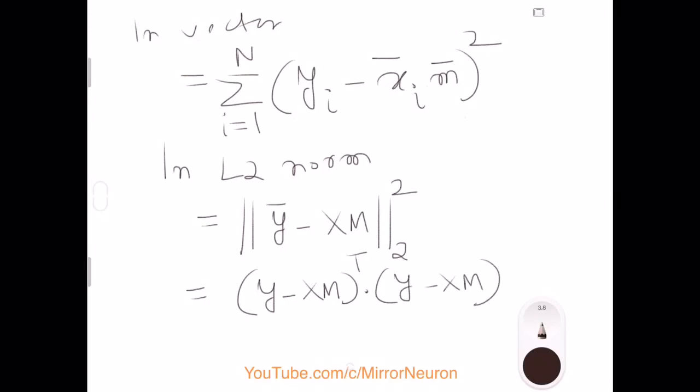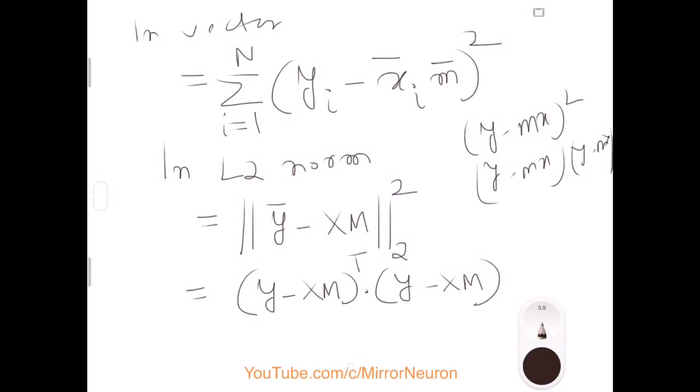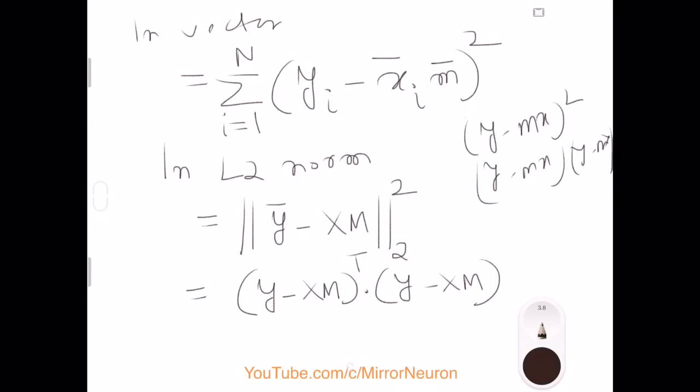This is basically because we are dealing with a matrix and a vector in an equation. For a single variable, for example, say y minus mx whole square, this could have been written as y minus mx times y minus mx. So we didn't have to worry about the factors which you need for multiplying a matrix and a vector. You remember, the dimensions should match and all those things. Those things come into the picture when we have multiple variables.